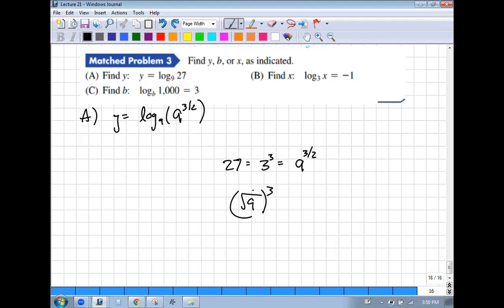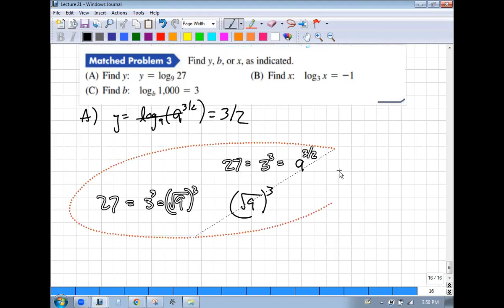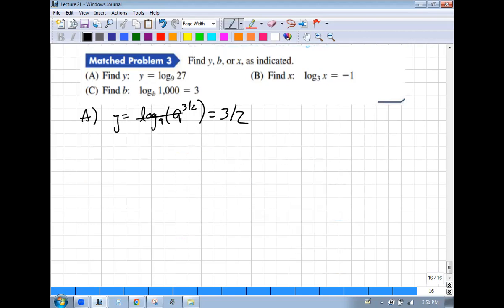So you get your 3 here as saying it's the square root of 9. But 27 is 3 cubed. If you cube both sides, that's the trick. So now those undo one another and you're getting 3 halves. All right, I'll follow that trick there. Kind of tricky, but it's not too bad. You have to get used to these fractional exponents now, and it's almost always over 2, you know.